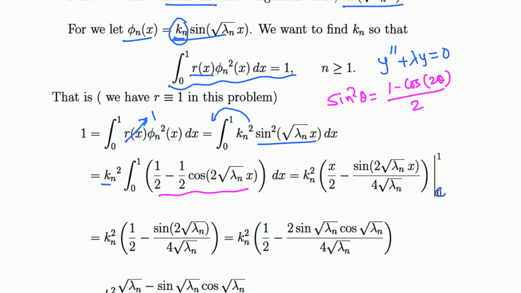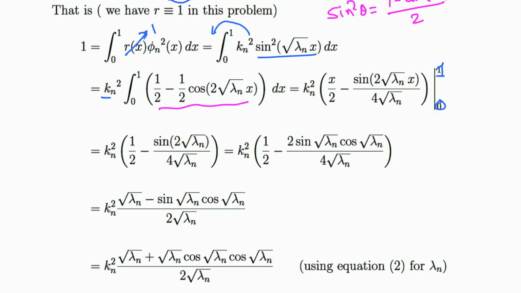Now we need to evaluate it between the upper and lower limits, so we get this. Once we evaluate, we are here now, and this equals 1. We can find the value of kn and we are all set.